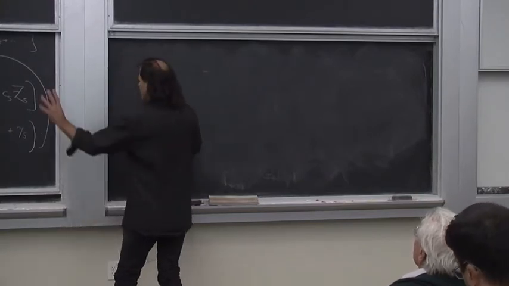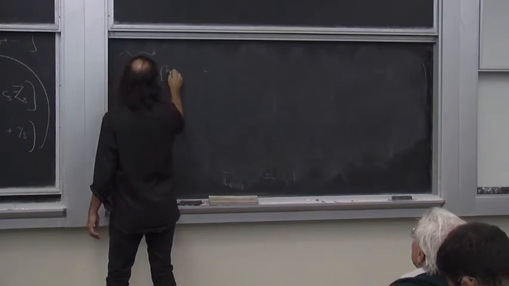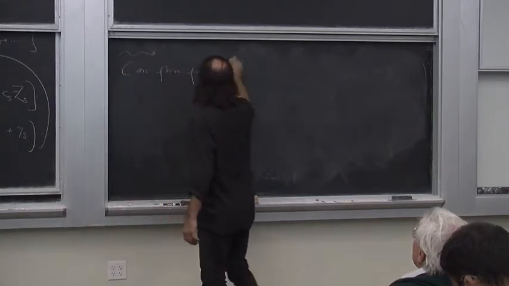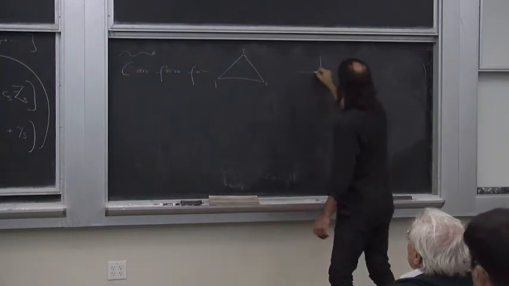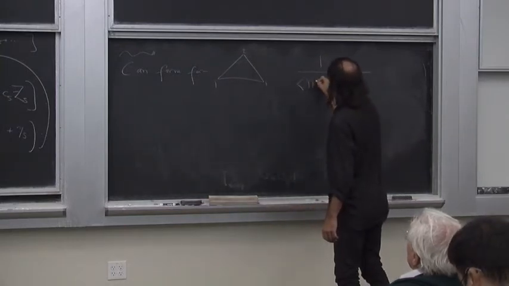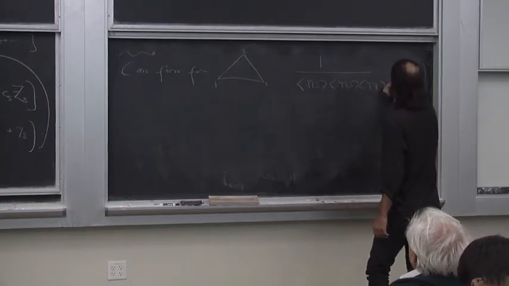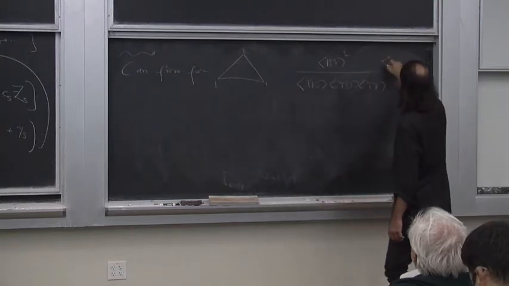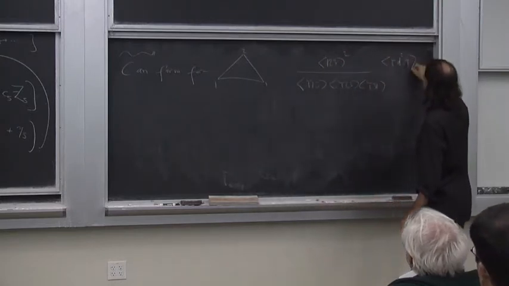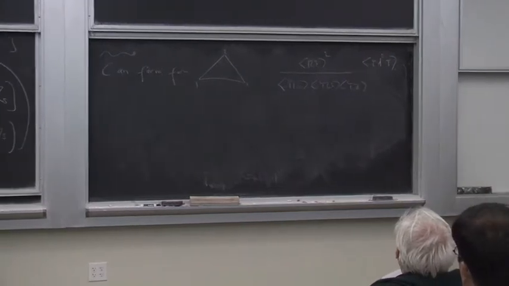So let's go back now to canonical forms for a second, and let's remind the canonical form for, let's say, a triangle. The canonical form for a triangle looked like 1 over y1,2, y2,3, y3,1, with 1,2,3 squared upstairs. And then there was this y d squared y part. So let's just have fun. What is the canonical form for a tetrahedron?